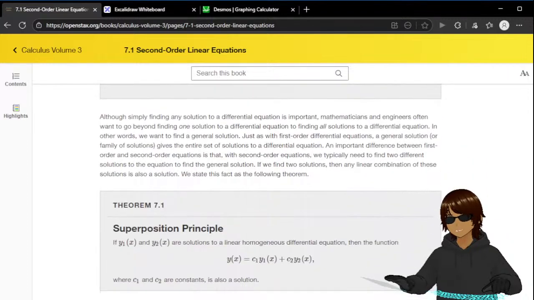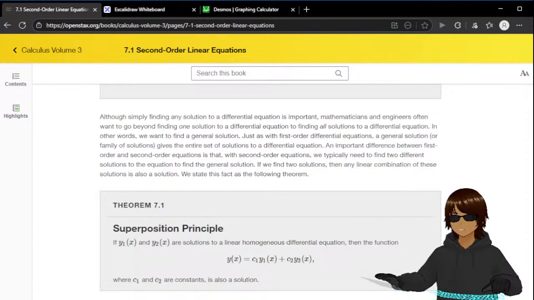How do we solve it? Although simply finding any solution to a differential equation is important, mathematicians and engineers often want to go beyond finding one solution to finding all solutions. In other words, we want to find a general solution, just as with first order differential equations. A general solution gives the entire set of solutions to a differential equation.